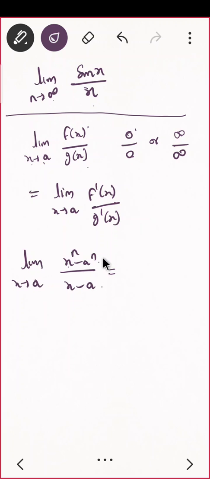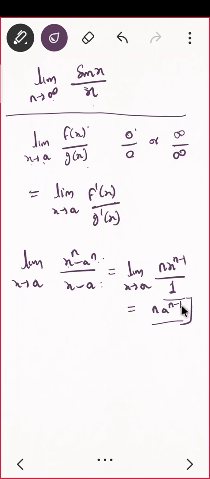So once you are having 0 by 0 form or infinity by infinity form, then you can take the derivative. So our value will be the limit as x tends to a, take the derivative, n x raised to n minus 1. Constant is 0 and in the denominator you are having 1. So what is the answer? n a raised to n minus 1. Do you remember? This was the formula you were asked to recall.